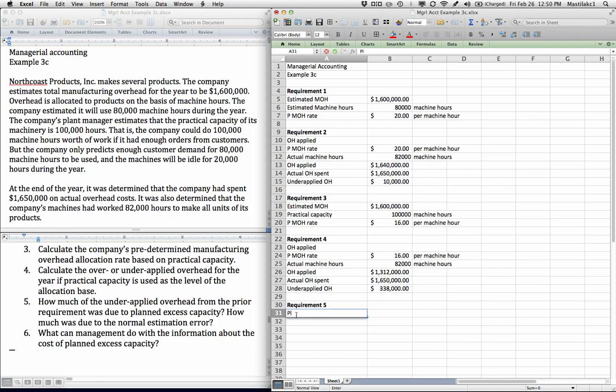So what we can do is look at the number of planned idle hours. We have capacity of 100,000 machine hours, and we expected to use only 80,000 of those, so we have planned idle hours of 20,000.